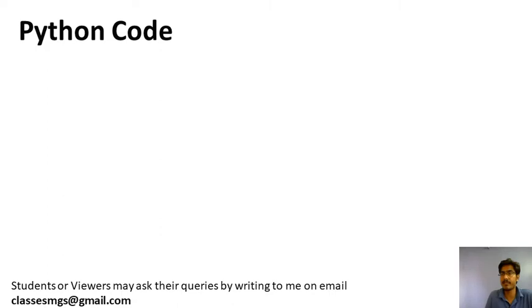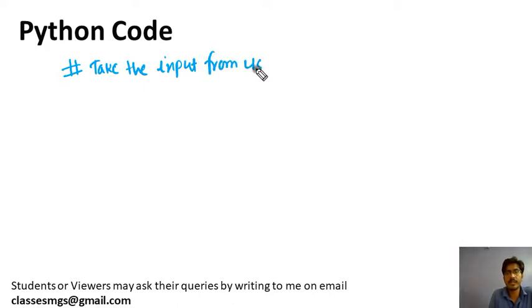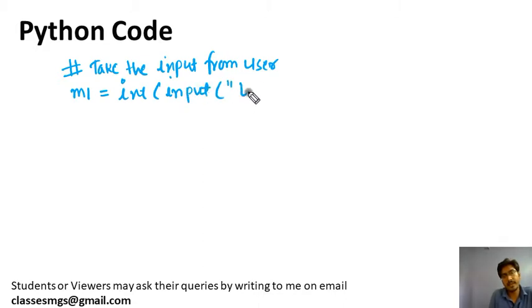So now we will see how we write the Python code. First of all, we need to take the input from the user. Let's suppose I am creating 5 variables, m1 for taking the input, enter marks of subject 1.